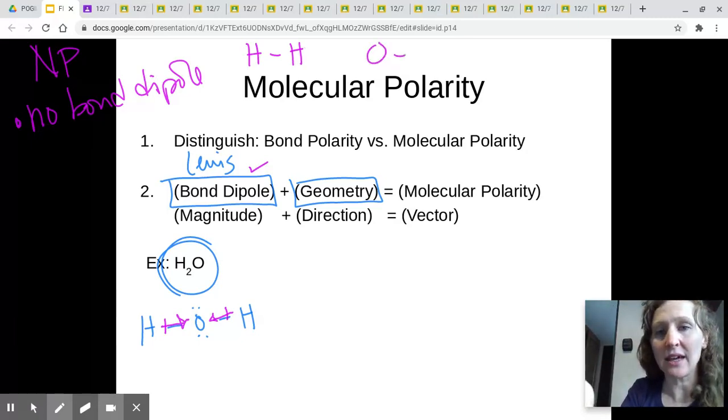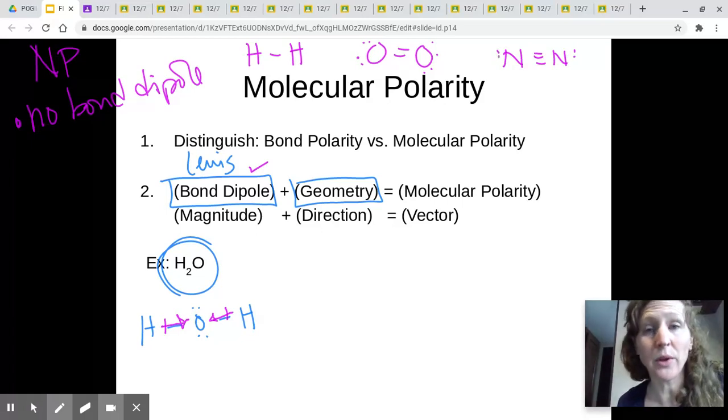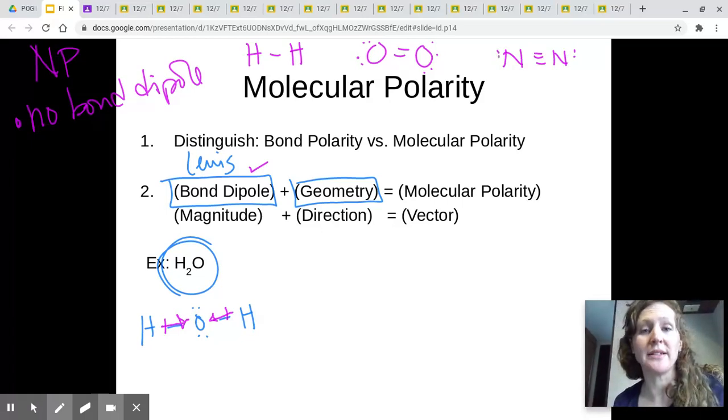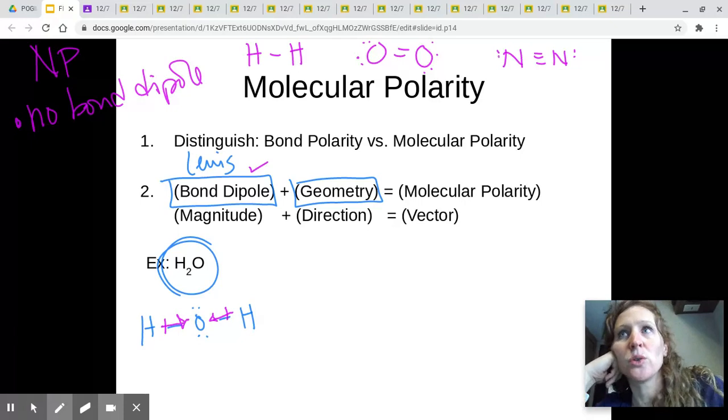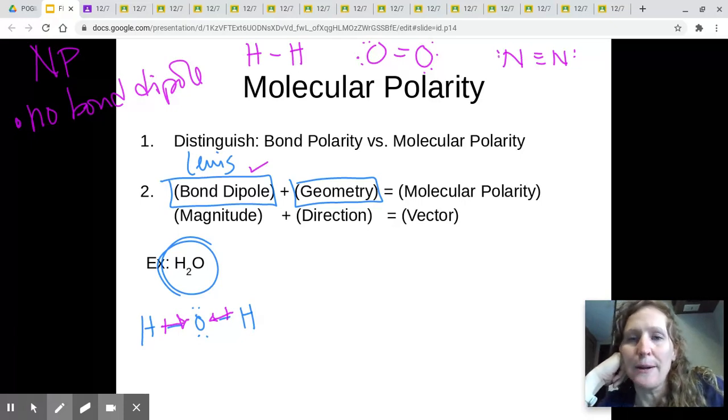And anything that is diatomic like that, oxygen, nitrogen, all of these are going to be nonpolar because there's no bond dipole. Now, that's harder to do if you have more than two atoms.